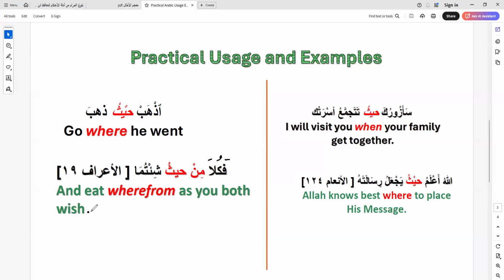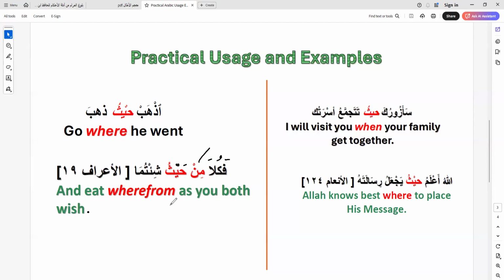So this is an instruction that Allah subhanahu wa ta'ala gave to Adam and his wife, that they can eat from wherever angle in paradise, whatever they want. Now, check it out. Min is a preposition, but it doesn't affect haythu.